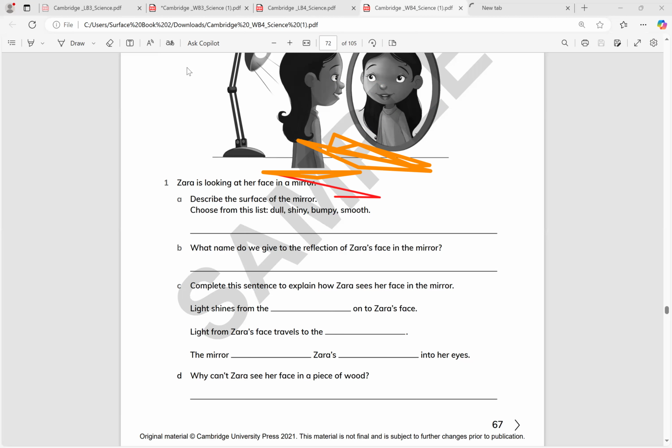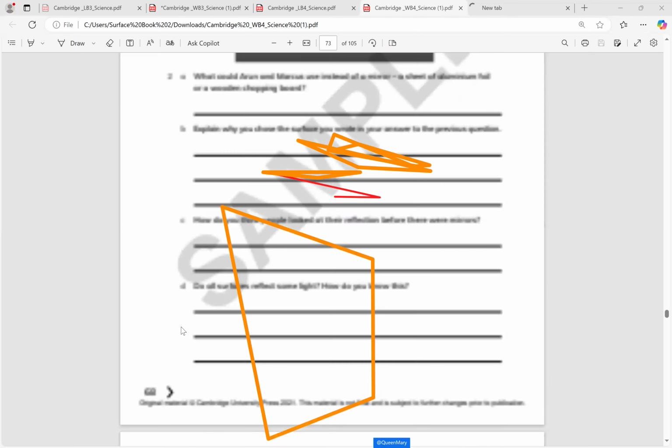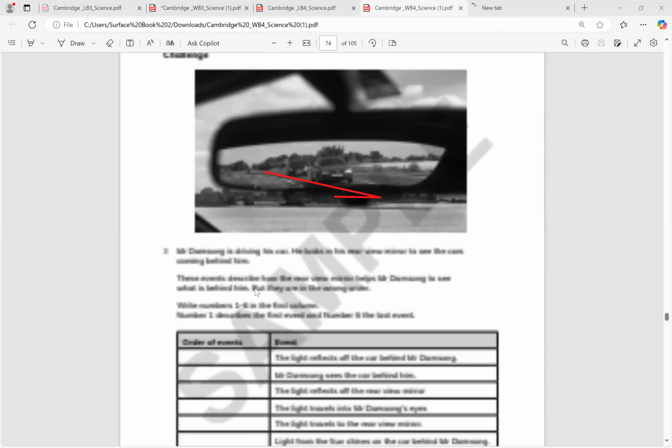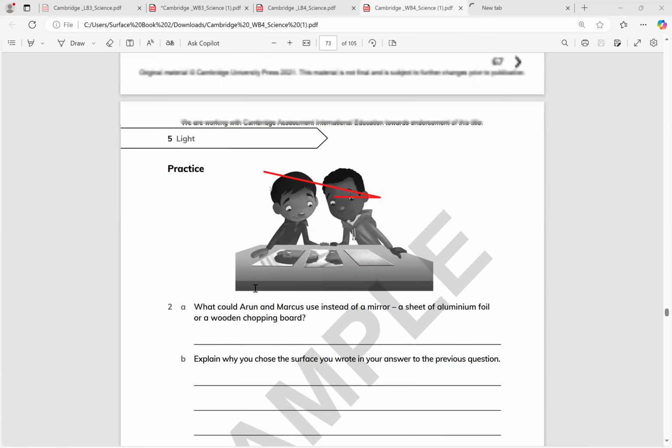So now, why should Aaron and Marcus use a sheet of aluminum foil or a wooden chopping board instead of mirrors?